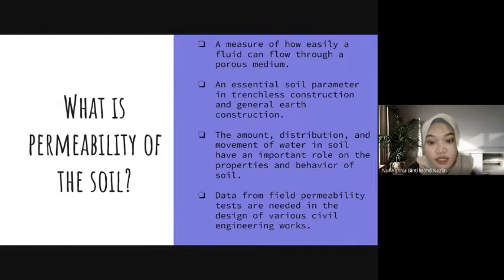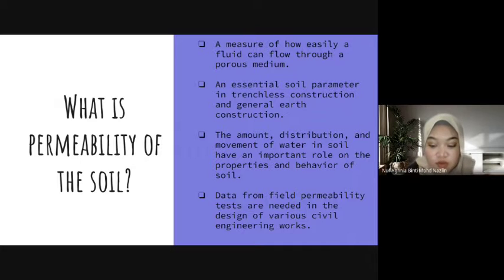Next, permeability is an essential soil parameter in trenchless construction and general earth construction, which is used to predict soil behavior and is required to design and build several types of structures such as earth dams. Thirdly, the amount, distribution and movement of water in soil have an important role on the properties and behavior of soil.